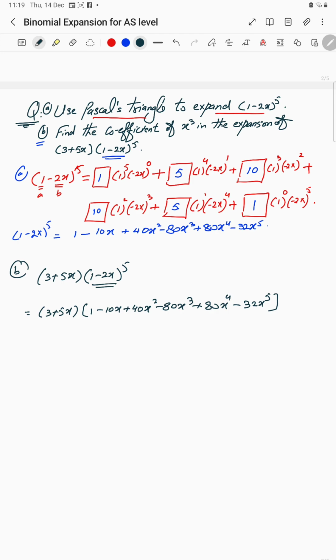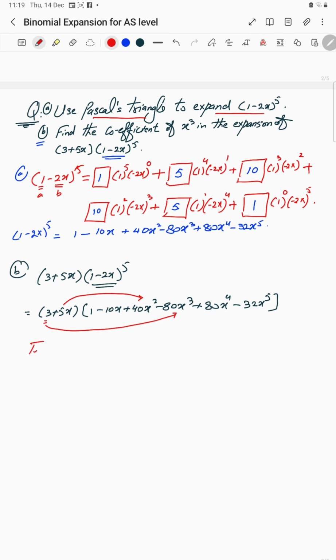Right? Now, see, if I multiply this 3 with minus 80x3, I can get the coefficient of x3, right? And 5x with 40x square, it will be x3. And the rest of the terms have different powers of x.